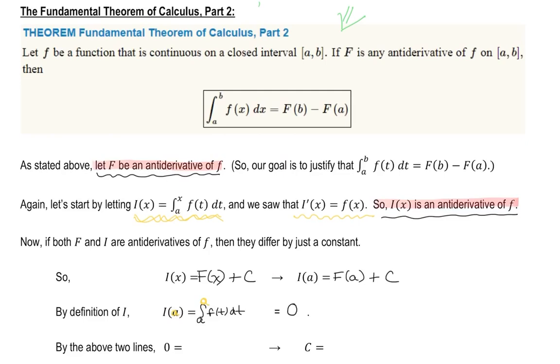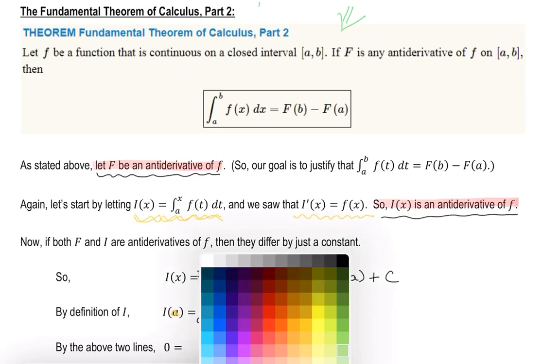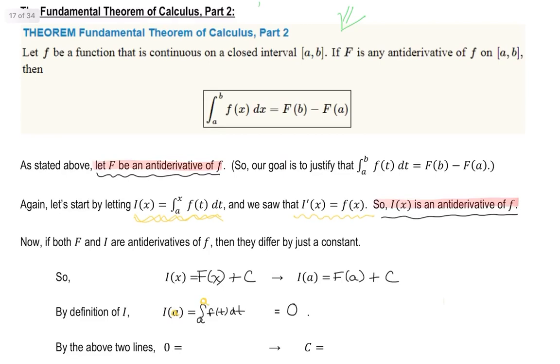By these two lines, capital I evaluated at A is given by both, so they are equal to each other.